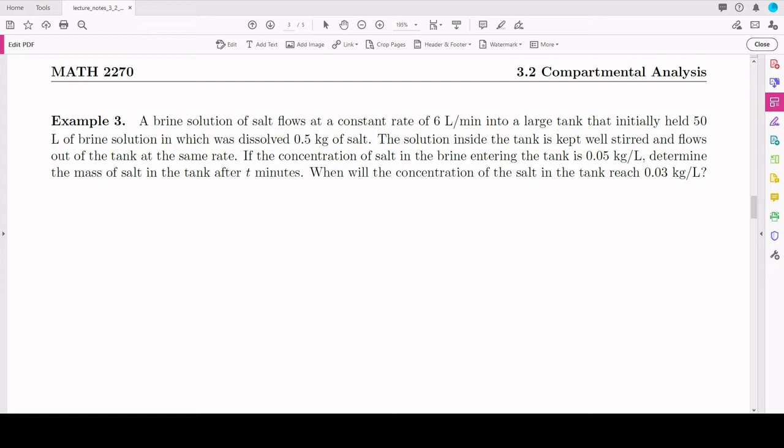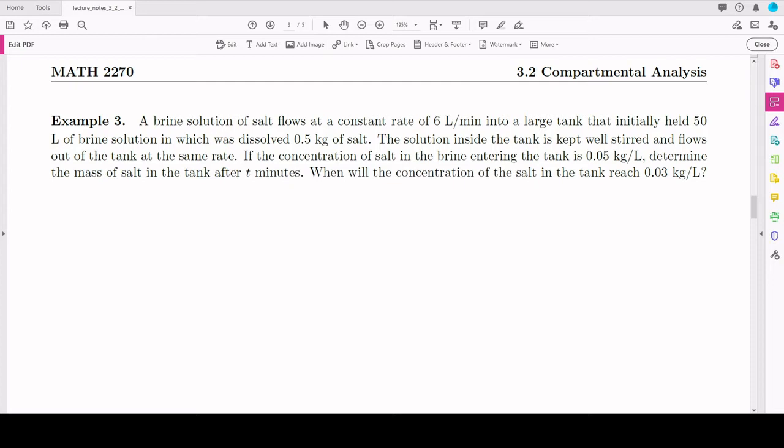So, in the previous two examples, we had the advantage of having a little picture where everything was neatly illustrated. A good idea is to draw your own little picture so that you can fill in the information that's in the text.